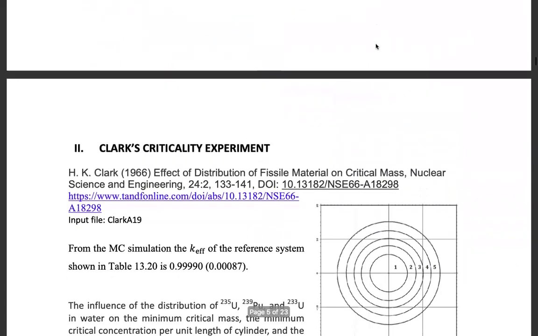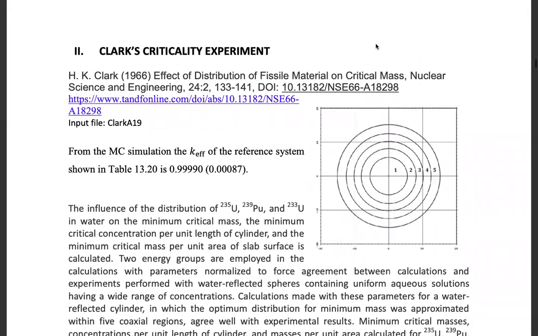Now these are all basic experiments which were carried out in the 60s and 70s. And there was a lot of work done at the national labs in America. And we are fortunate to have data of those experiments for the benefit of everybody, everywhere, to get knowledge.